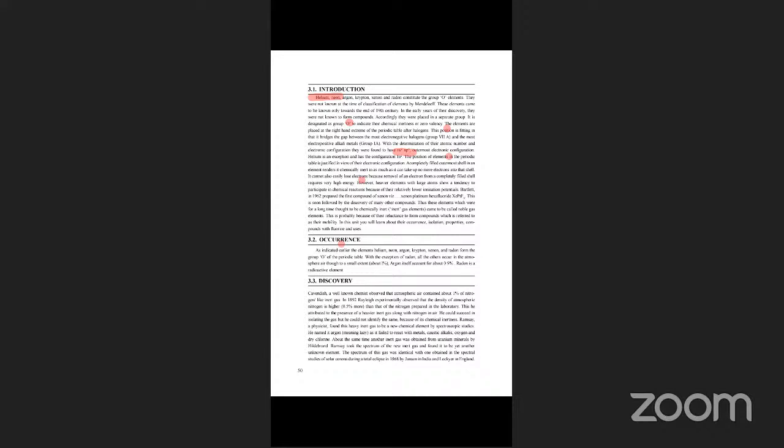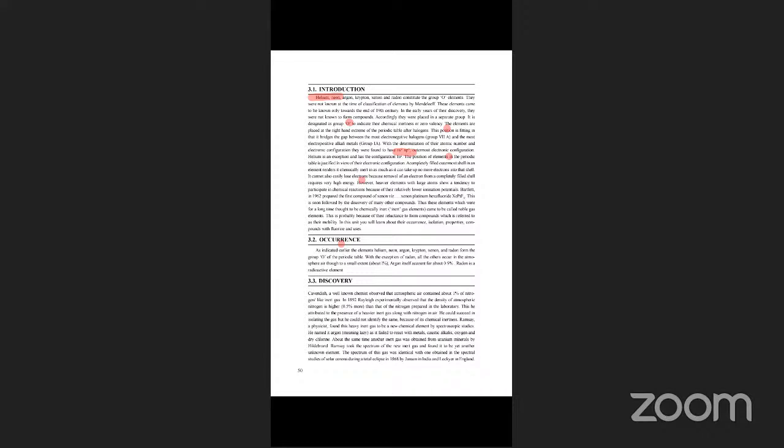See occurrence. Where are the 0 group elements found? The elements are helium, neon, argon, krypton, xenon, and radon, which form the group of 0 in the periodic table.